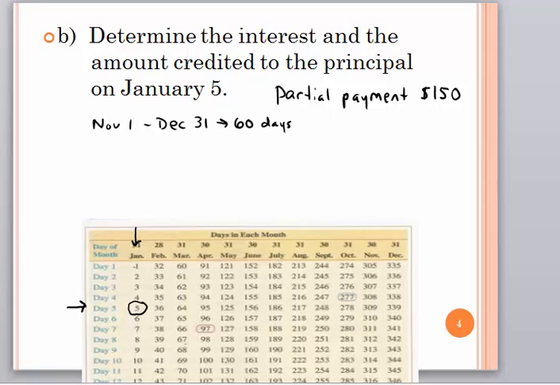And now we're saying that the time from January 1st until she makes this partial payment on January 5th is an additional 5 days. And so at the point that she makes the partial payment, she is 65 days into the loan.